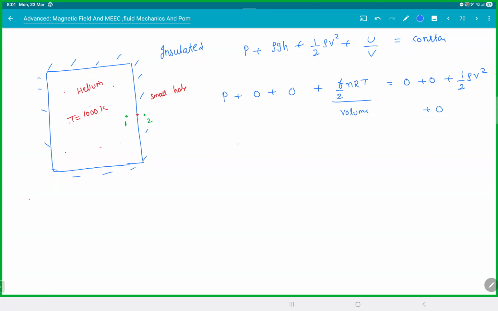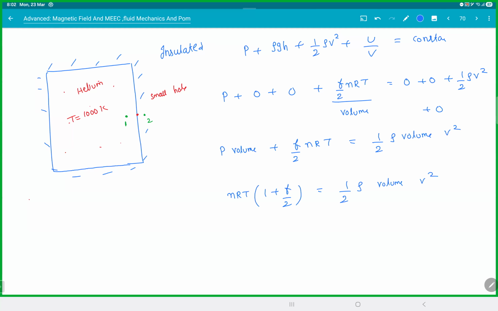So if you just multiply by the volume there, you'll end up with P into volume, plus F by 2 nRT, equal to half rho volume V square. P into V is nothing but nRT. So this will be nRT into 1 plus F by 2. F is 3 for helium. This would be half rho volume V square.